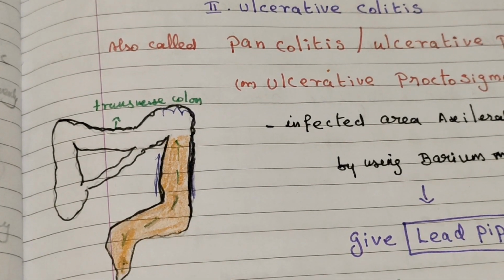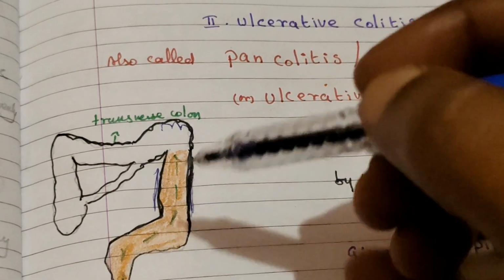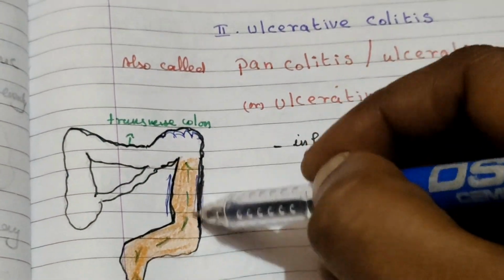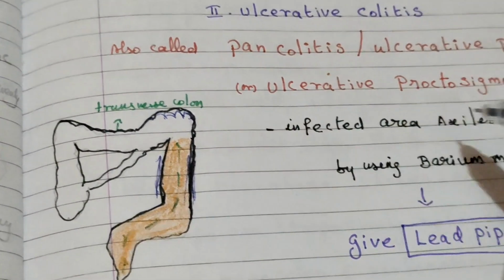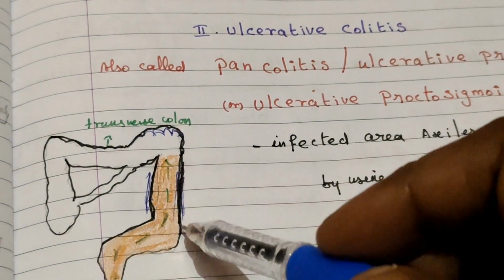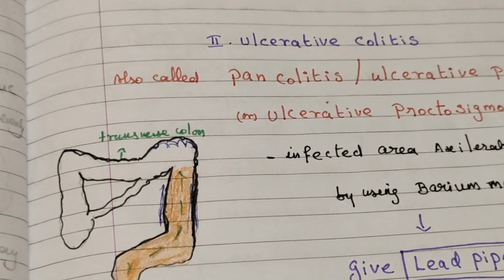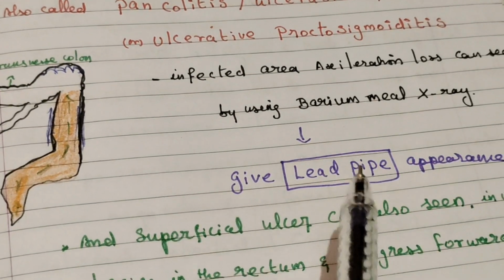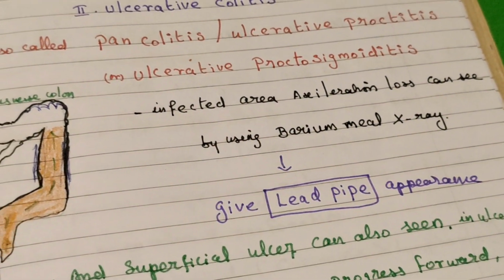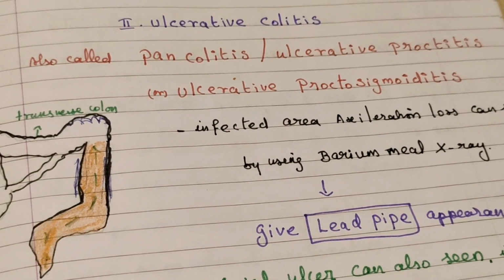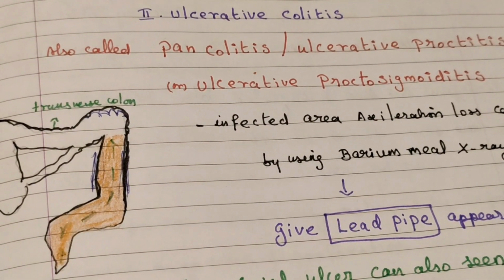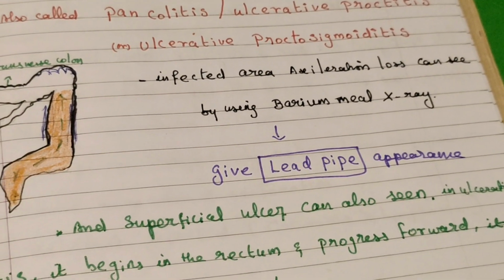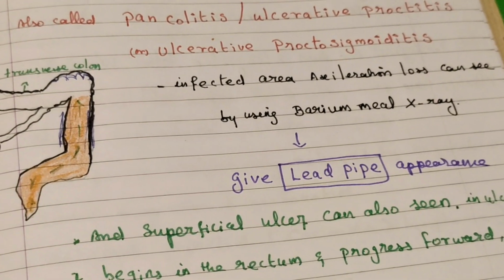There is loss of haustration. Loss means the normal area shows haustration, but in the infected area the haustration is missing. This is called lead pipe appearance, which we can find in the barium meal X-ray.